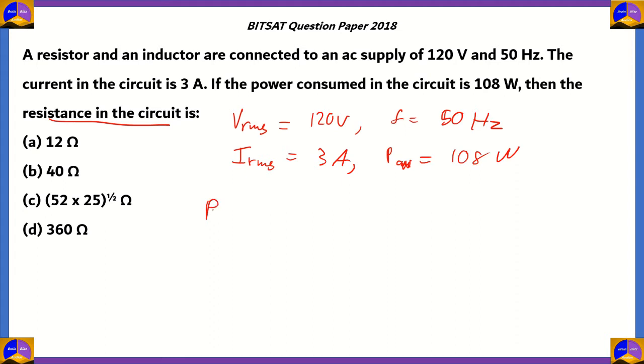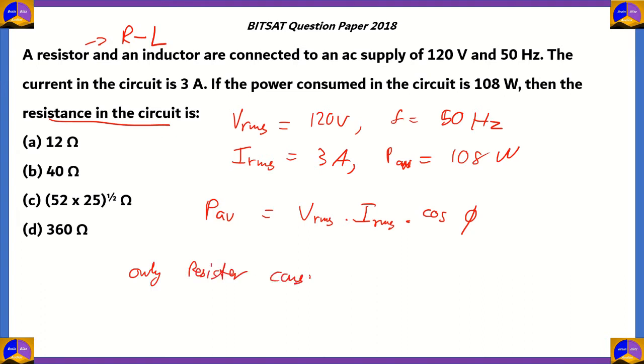Now, average power in terms of VRMS and IRMS is written as VRMS times IRMS times cos phi. Now, the circuit that we're dealing with is a circuit having an inductor as well as a resistor. So in this type of circuit, only the resistor consumes power.